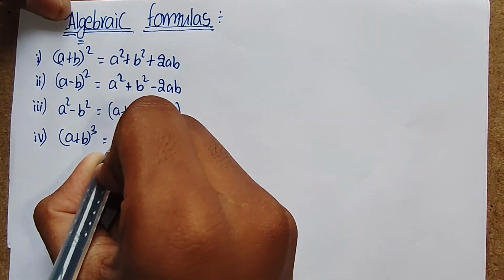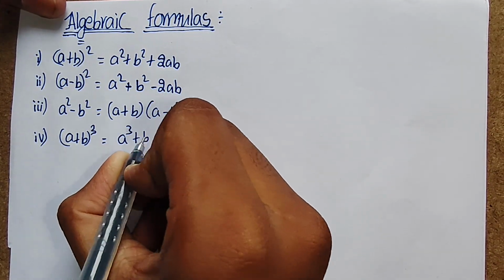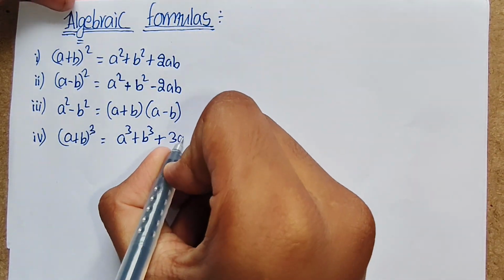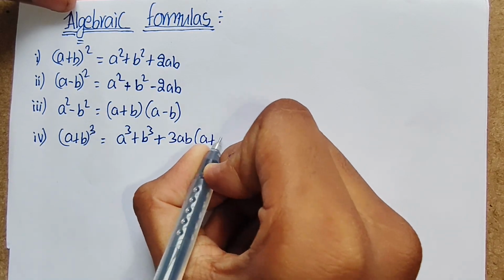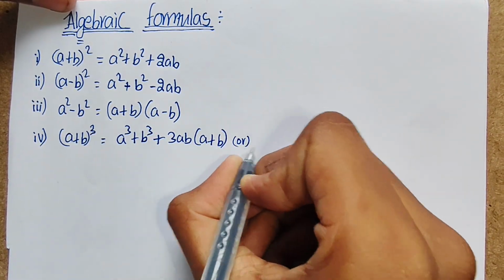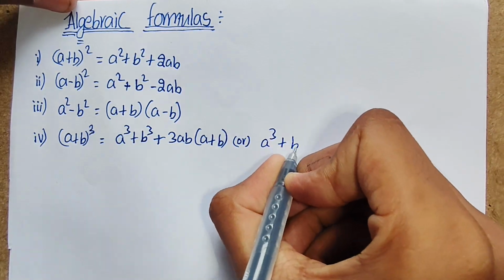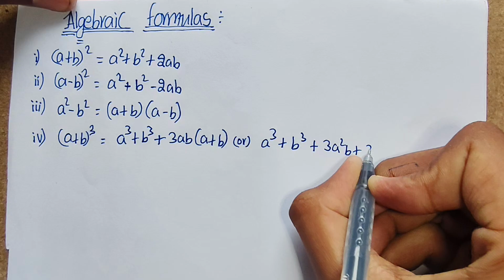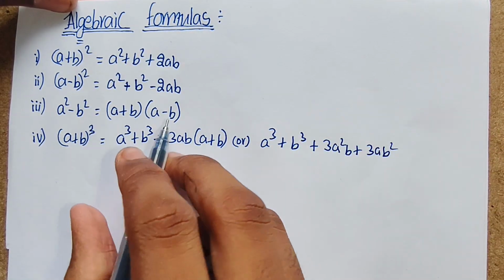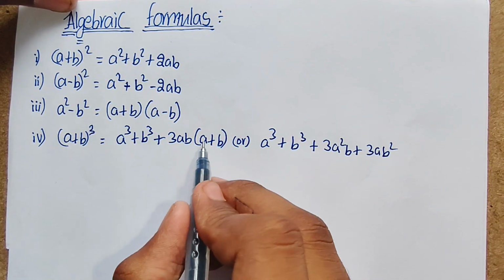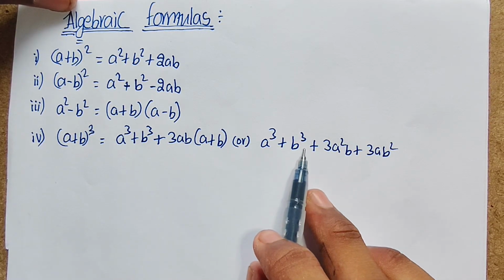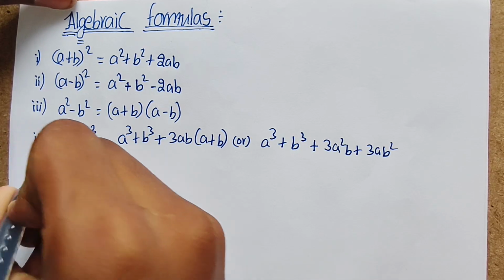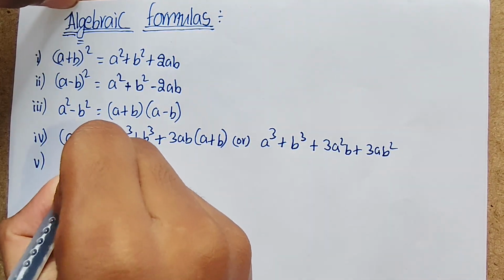A plus b whole cube equals a cube plus b cube plus 3ab into a plus b, or a cube plus b cube plus 3a square b plus 3ab square. Fifth one is a minus b whole cube.